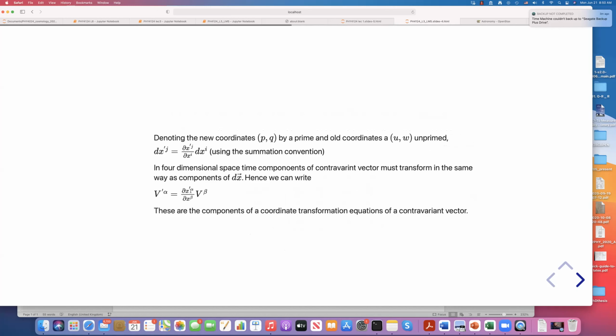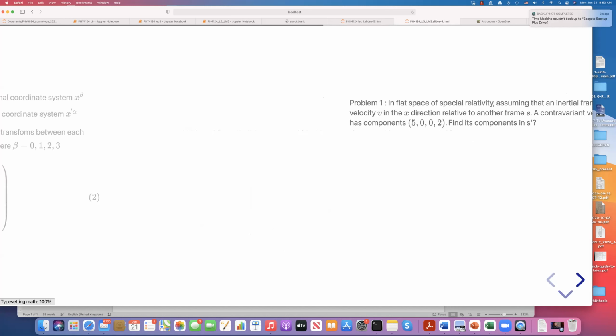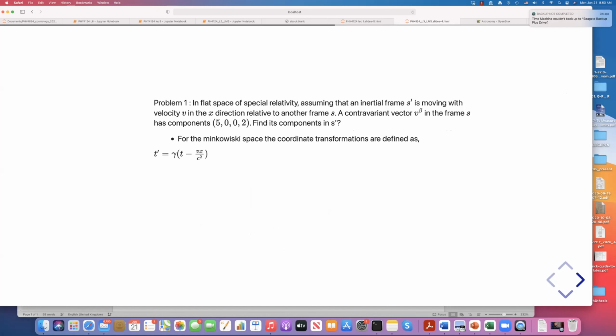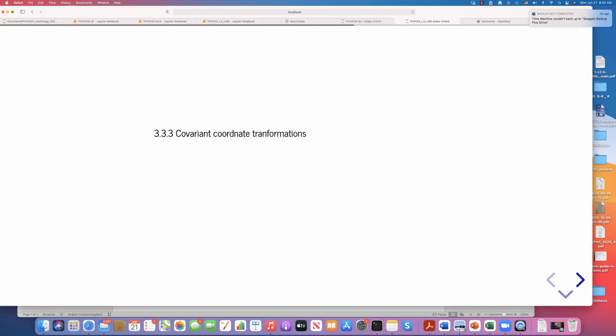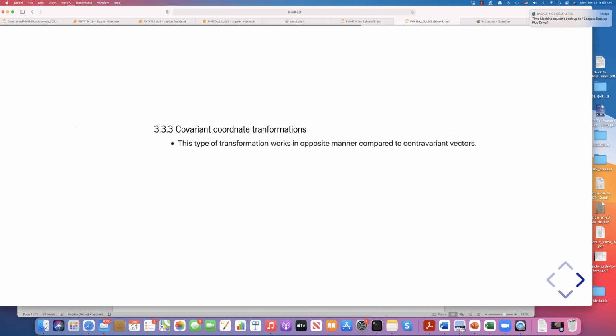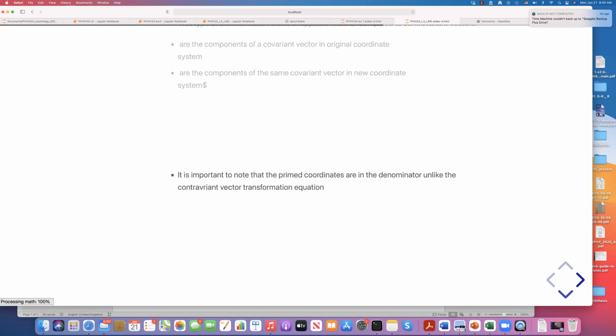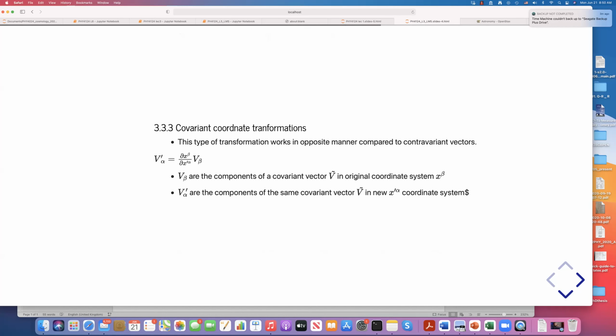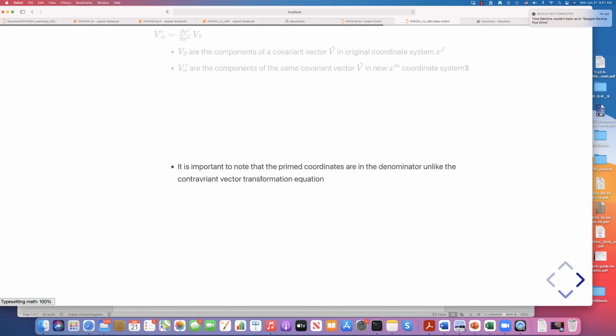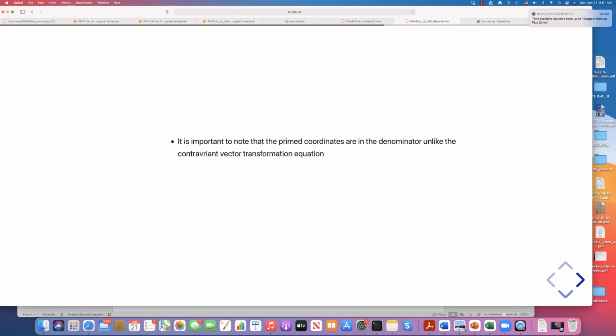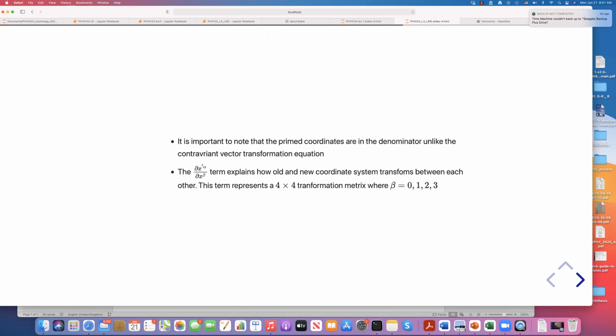Make sure that there is a difference between these two transformations. So it's the same components of the covariant vector, and this is what I have mentioned.